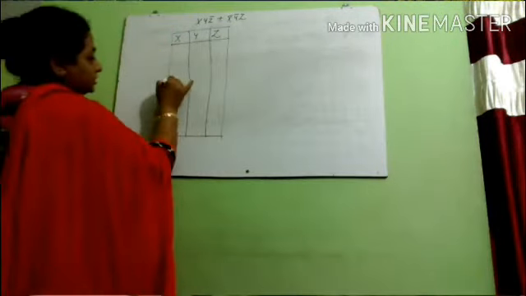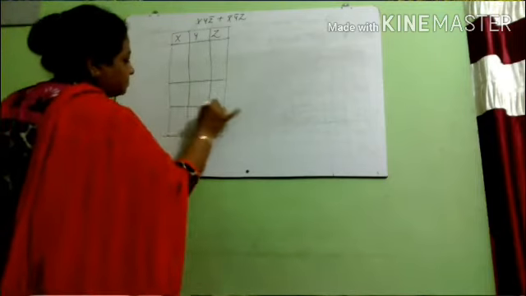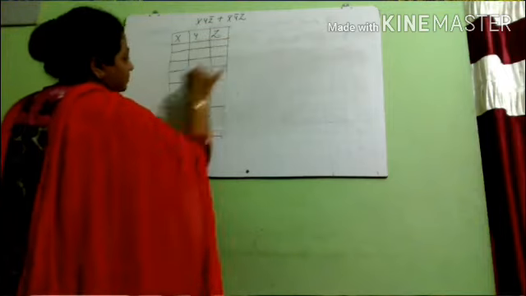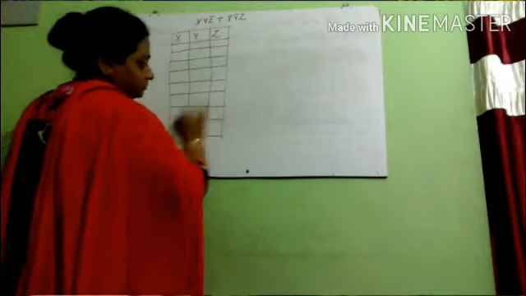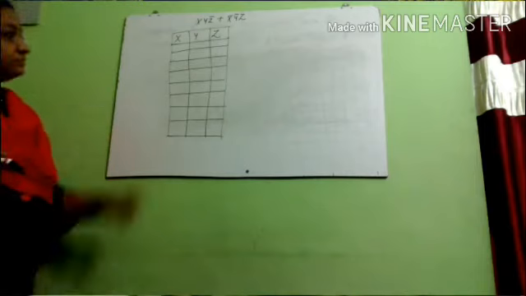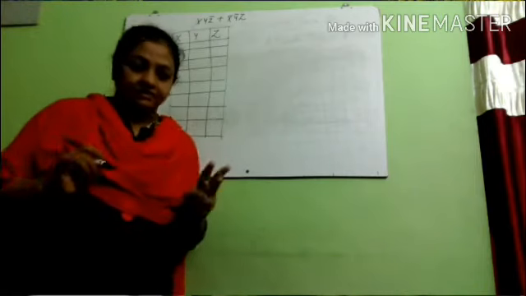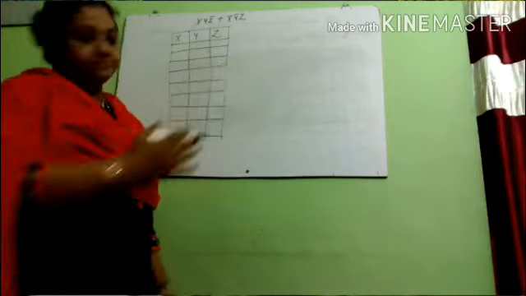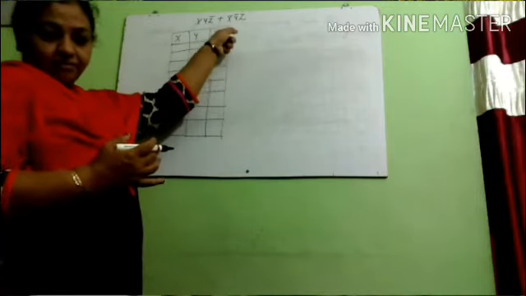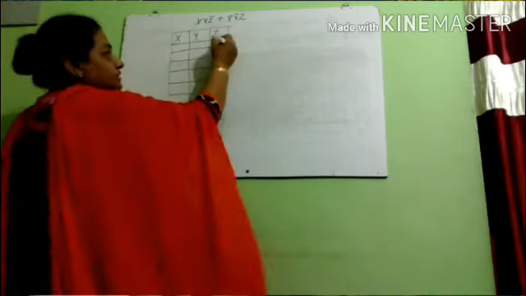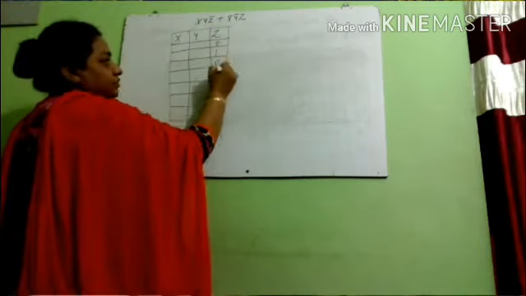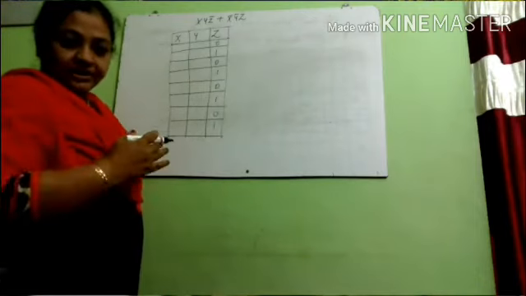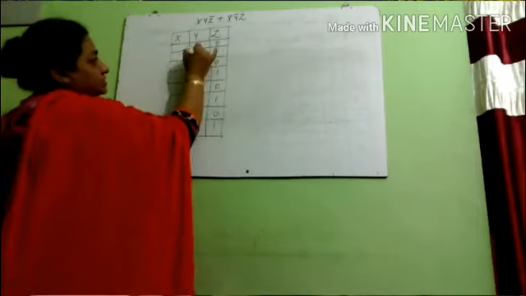So x, y and z I have taken. As there are 8 possible values, let me draw the 8 rows to represent 8 inputs. So now we have the three variables, and with the three variables, 8 combinations of values. Let us start with the last bit, that is the last variable, that is z.